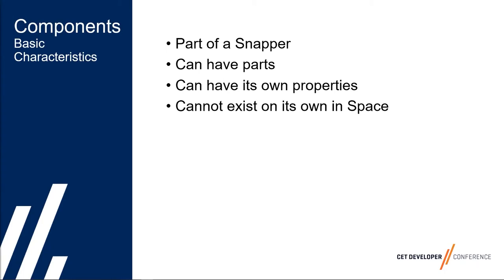You can't put a component in without an owner, and it also cannot have connectors. So if you need to stretch or snap to a component, you can't really do that. Usually that's the dividing line of when you want to use a component versus a snapper.